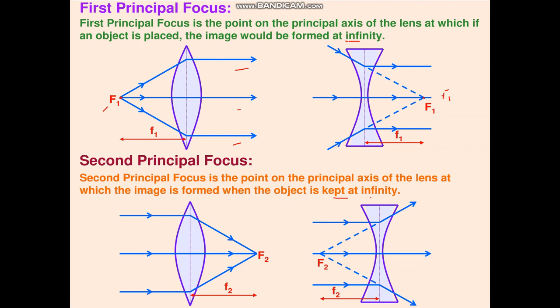Now here the light rays are coming parallel, so that means they are coming from infinity. They meet at this point, so this becomes f2. So here also the parallel rays are coming and they diverge and appear to come from this point, right? So remember, there are two surfaces, so obviously two centers of curvature, two radii of curvature, and there will be two focus points also, one on either side of the lens.